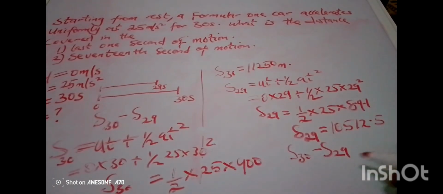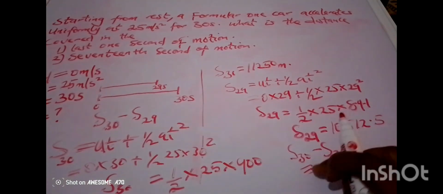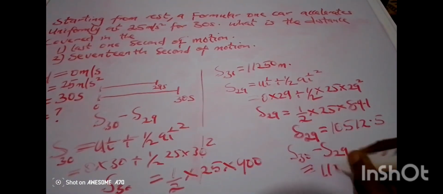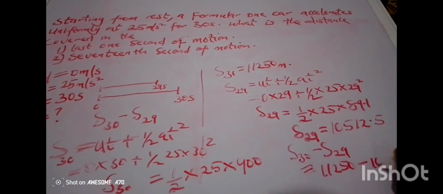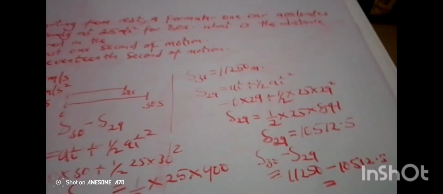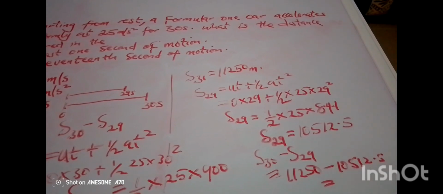S30 minus S29 is going to be 11250 minus 10512.5, which gives us 737.5 meters.